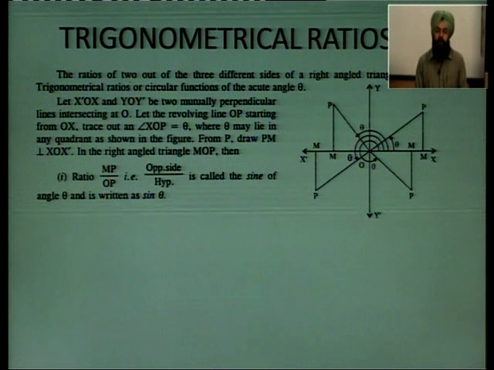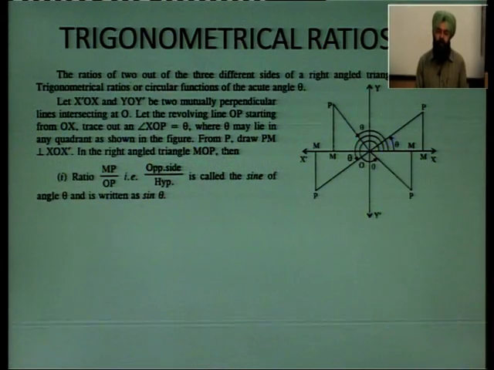So, how can we derive these trigonometric ratios, that is, how can we find the sine of the angle theta, or how can we derive the cos of angle theta, or the tan of angle theta. Basically the trigonometric ratios or circular functions are for the acute angles theta. This is the ratio of 2 out of 3 different sides of a right angle triangle.